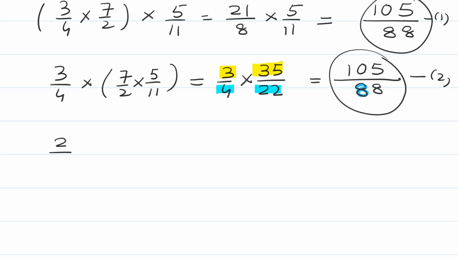Consider the numbers 2 upon 3 divided by 4 upon 7 divided by 8 by 5.